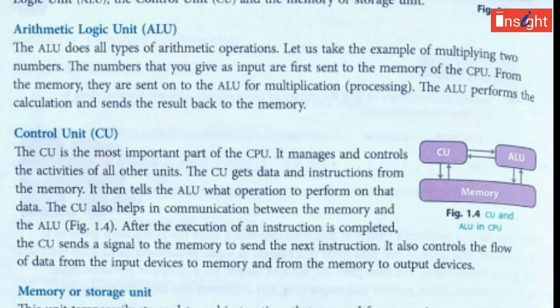Those two inputs are first sent to the memory of the CPU. From the memory they are sent to the ALU for multiplication. That is called processing. And the ALU performs the calculation and sends the result back to the memory. That result is called the output.